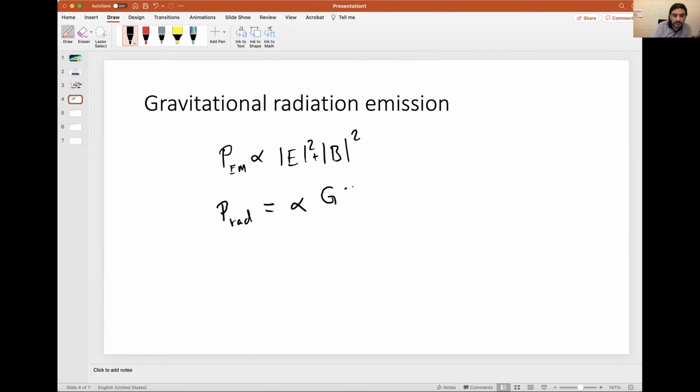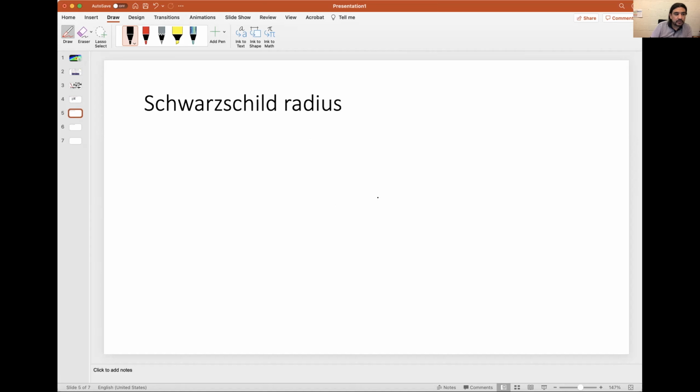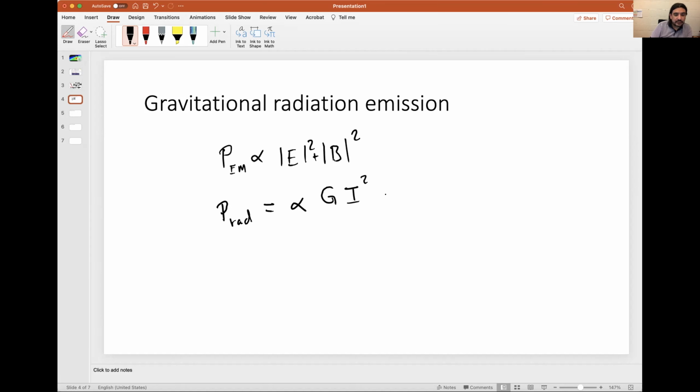Then the moment of inertia of the system, then the frequency to the sixth power, and then the speed of light.